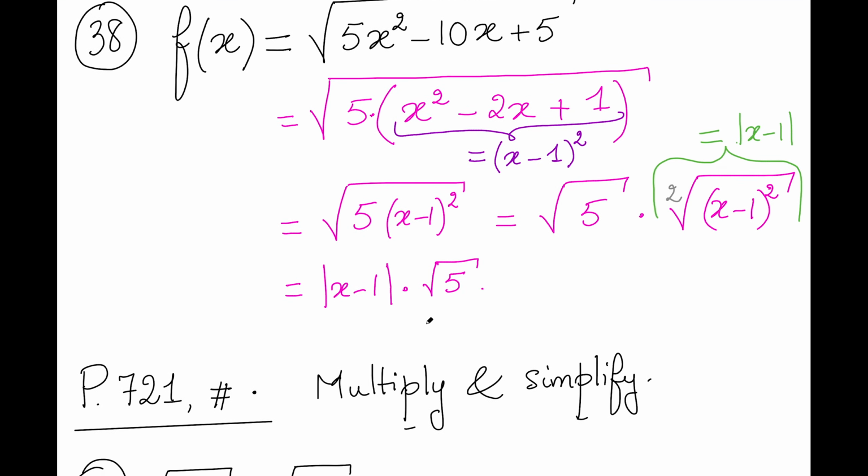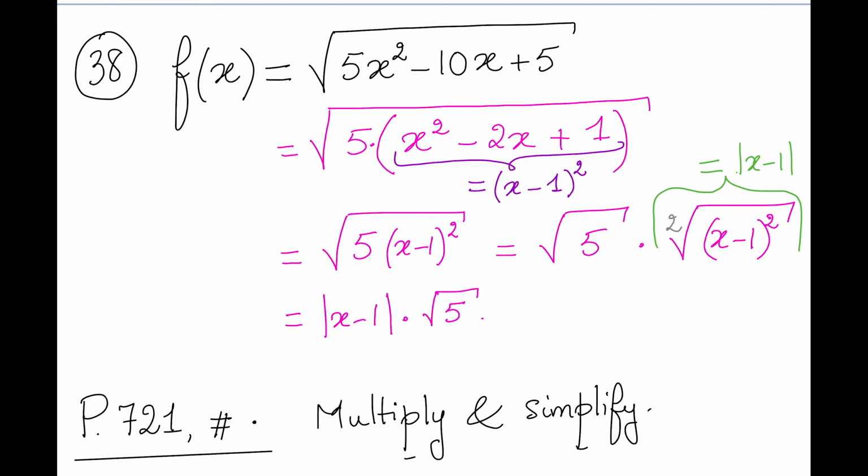Let me make a quick comment here. I'm not sure if this would be your thought here, but it is a common mistake. The square root of 5x squared minus 10x plus 5, some people may think, oh, I can write this as the square root of 5x squared minus the square root of 10x plus the square root of 5.